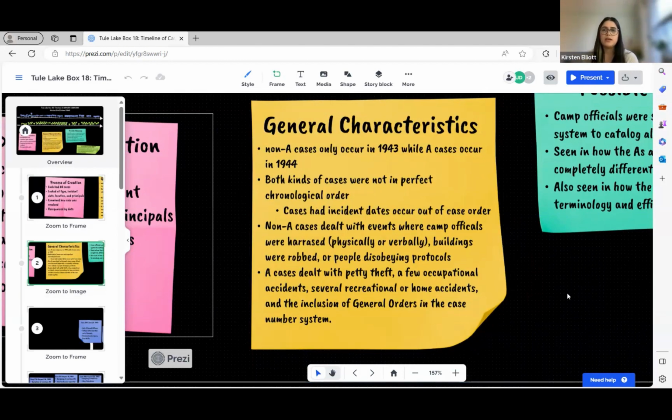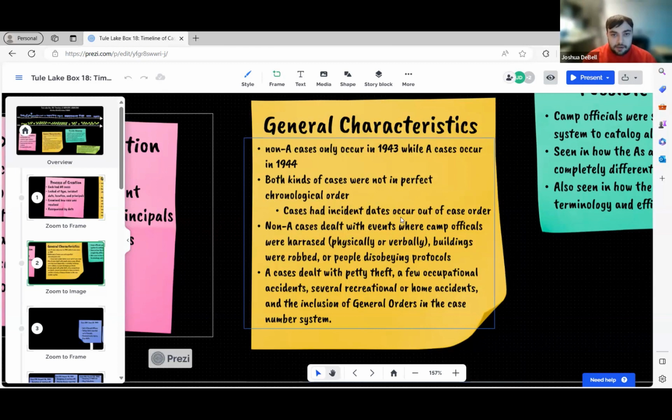Turns out there wasn't, and like Josh said, they weren't in perfect chronological order. Cases had incident dates occur out of case order. We think that could be, in addition to people reporting things later, due to them reorganizing the case numbers, as we will discuss in greater detail in a second.